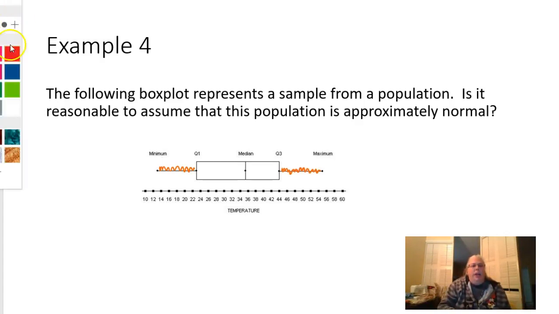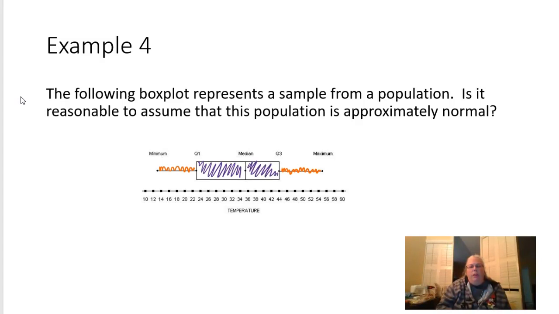And then we're going to check the box. What we're looking for in the box is that we want the inside of the box here to be about the same size as this one over here. Now I know that the left side of the box is in fact wider than the right side, but it's fairly close, and the fact that the whiskers are out here and they're pretty much the same size balances things out a little bit.